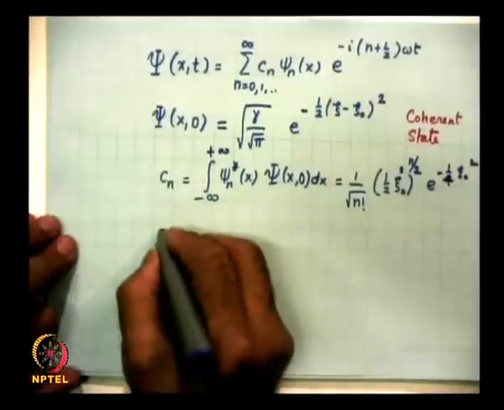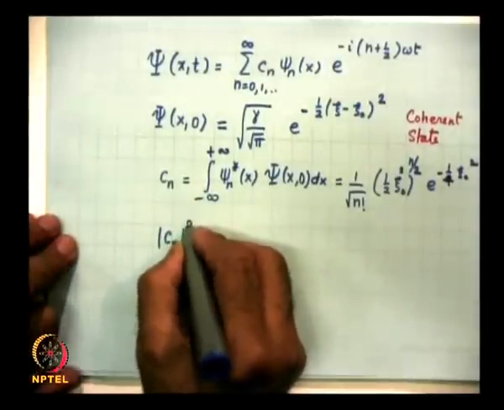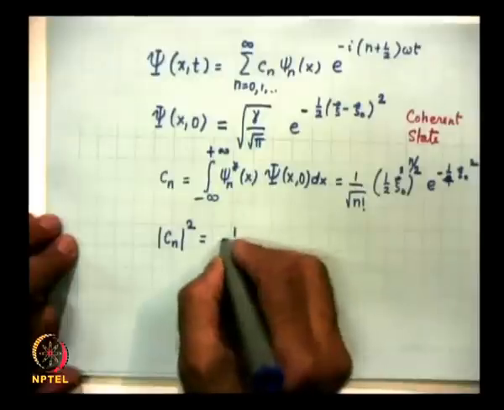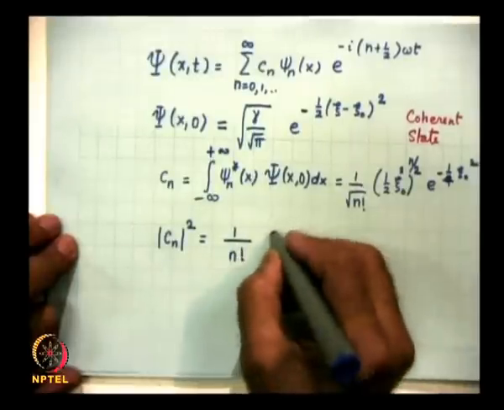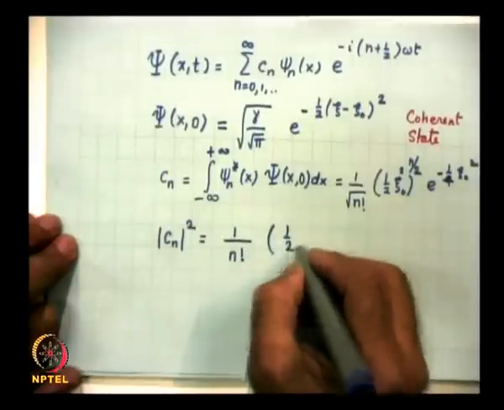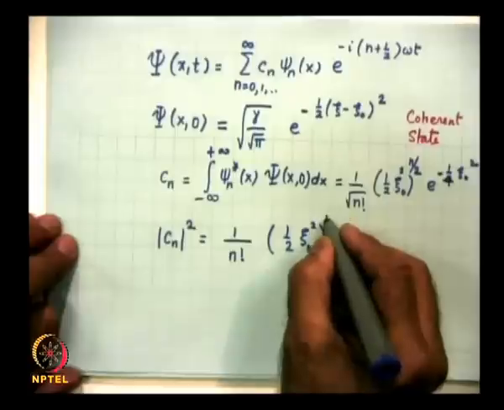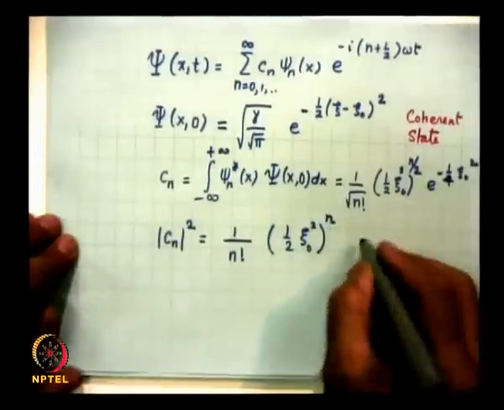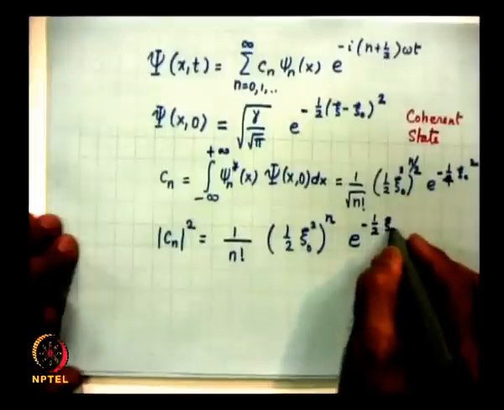So, therefore, mod C n square will be equal to 1 over n factorial, half xi naught square raised to the power of n, e to the power of minus half xi naught square.